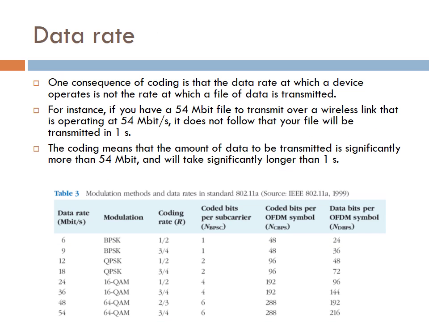Explain. Are the same number of subcarriers used at every data rate? If yes, what is it? If no, how many subcarriers are used for each data rate?